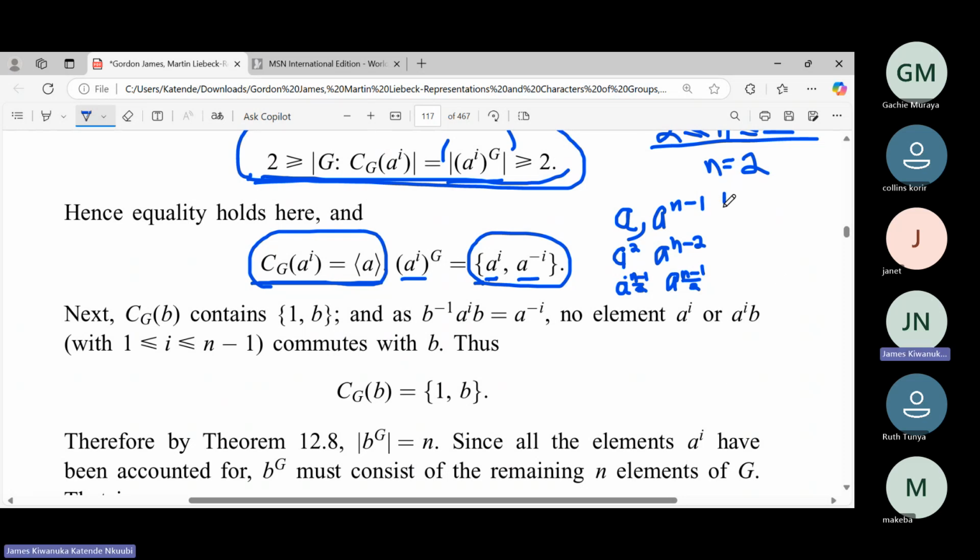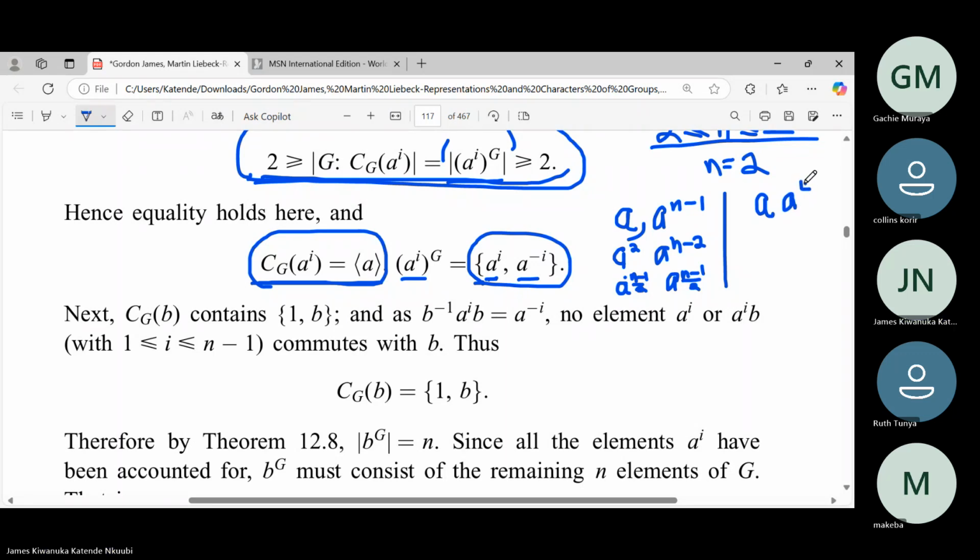So we can try with a simple example. Suppose n is 5. Then A will go with A^4. A squared will go with A^3.